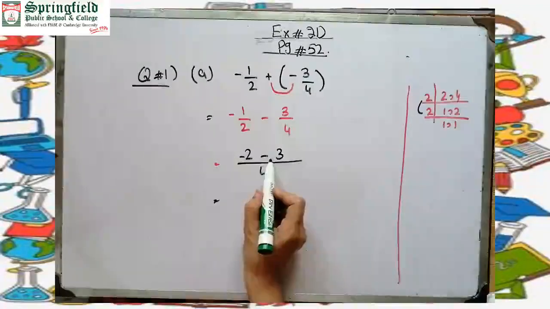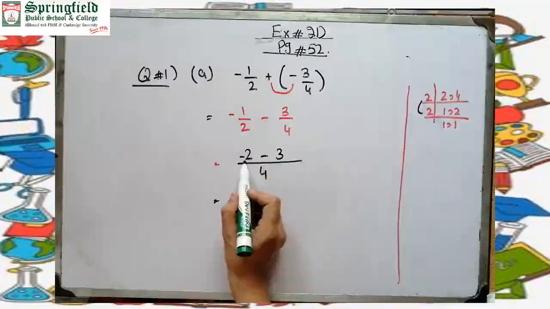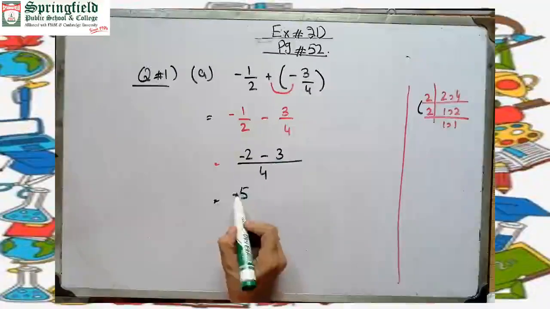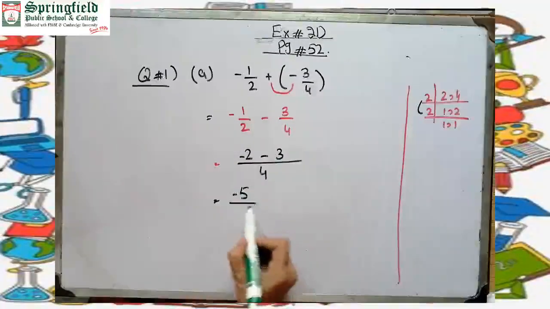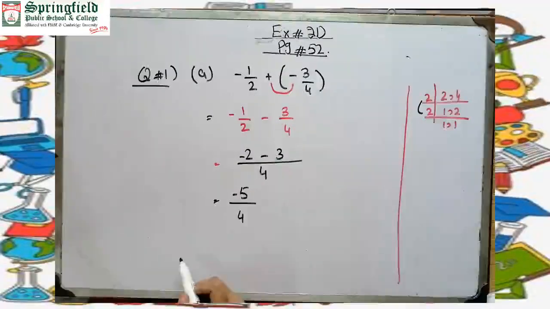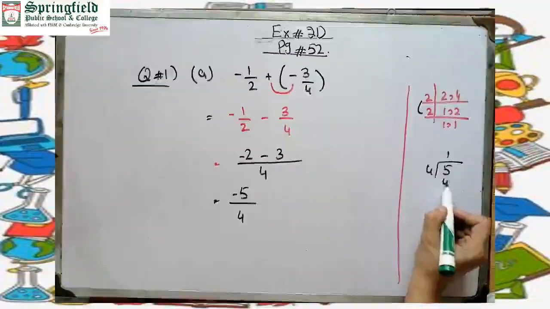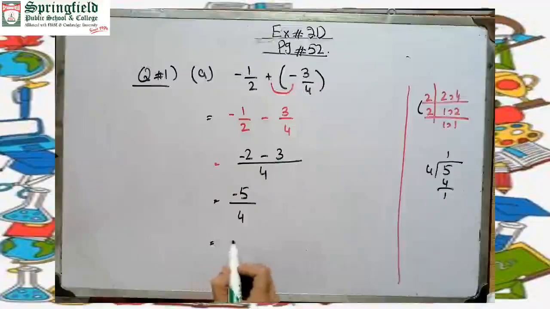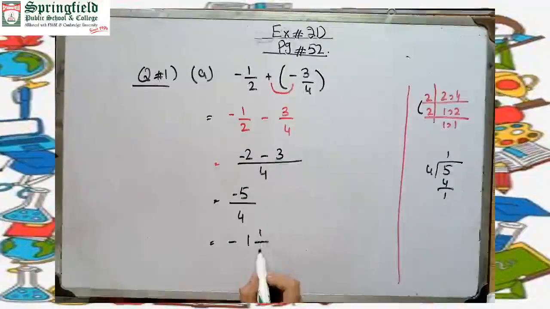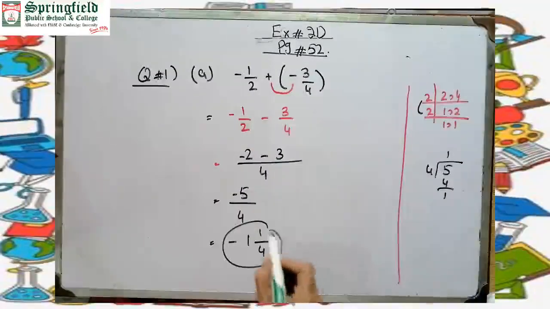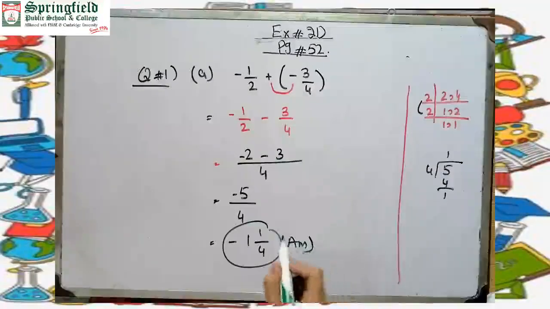So minus plus 3, 2 plus 3 is 5, and the sign will be minus because the greater value has the minus sign. Divided by 4. So 5 divided by 4: 4 1s are 4, and 1 remains. This means minus 1 whole 1 by 4 is your final answer. Understood, beta? Okay. Now the rest of the parts are your homework.